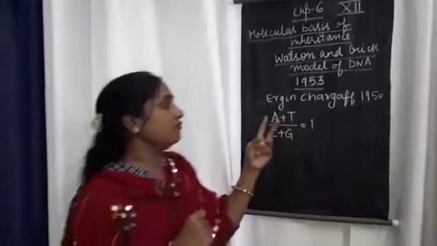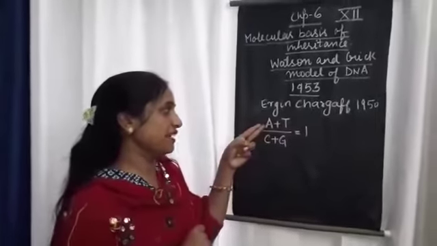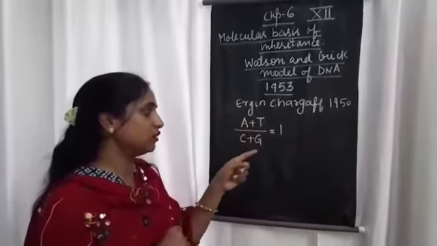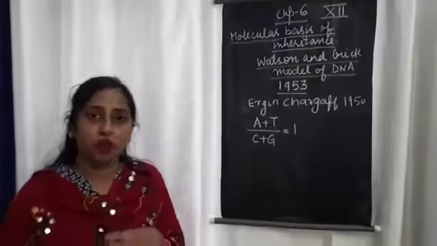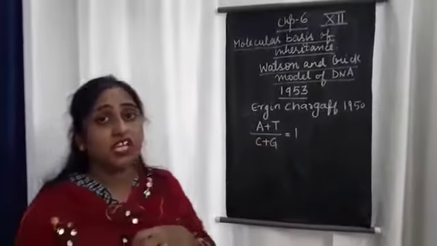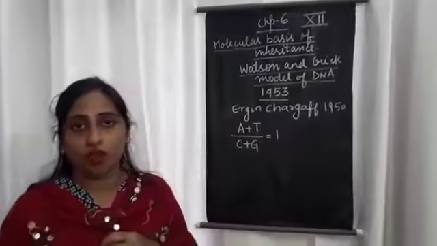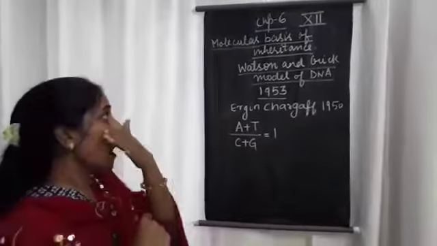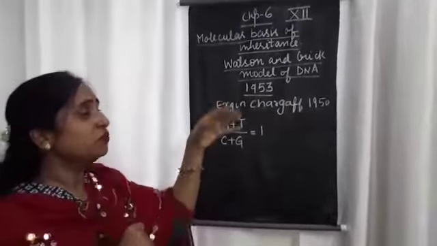That means whatever the number of base pairs of adenine and thymine, and of cytosine and guanine, will be equal to unity, or the ratio will always be constant. This was Chargaff's rule. Now we will be learning about how Watson and Crick deduced this model.